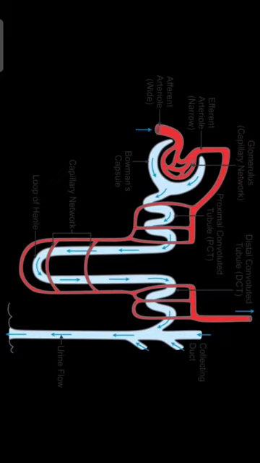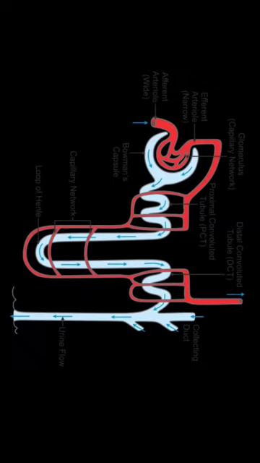The glomerulus is surrounded by a cup-shaped structure called Bowman's capsule, which encloses the glomerulus. In the glomerulus, blood filtration takes place, and whatever filtrate is formed enters the Bowman's capsule. We call it primary urine.